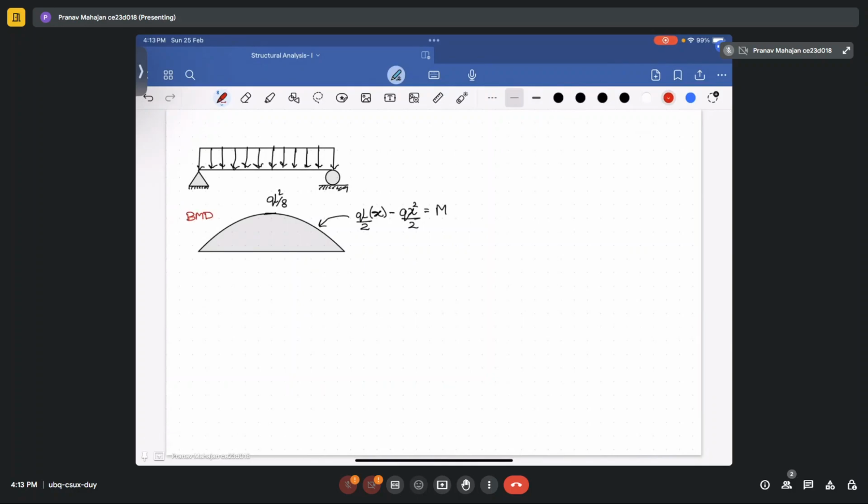So now what you have to do, you have to take this bending moment diagram as the loading diagram of the conjugate beam. Okay, so now this will be your loading diagram, and it has a maximum value of qL square upon 8 EI, because it is the M by EI diagram.